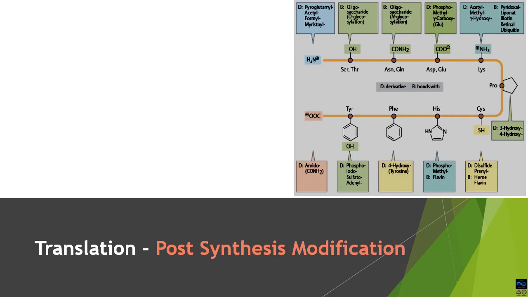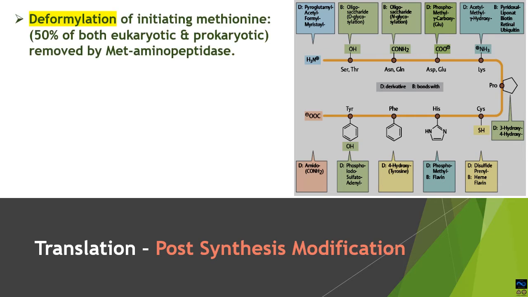These are the post-synthesis modifications, or post-translational modifications, which happen in the proteins and help them to attain their final fully mature structure, which is folded properly to do its function of dynamic, enzymatic or structural nature. One of the important ones is deformylation.